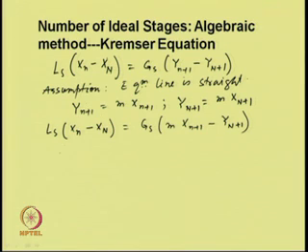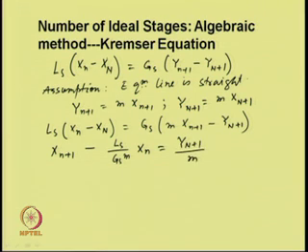After rearrangement, we can write x n plus 1 minus L s by G s m x n is equal to y n plus 1 by m minus L s by m G s into x n.